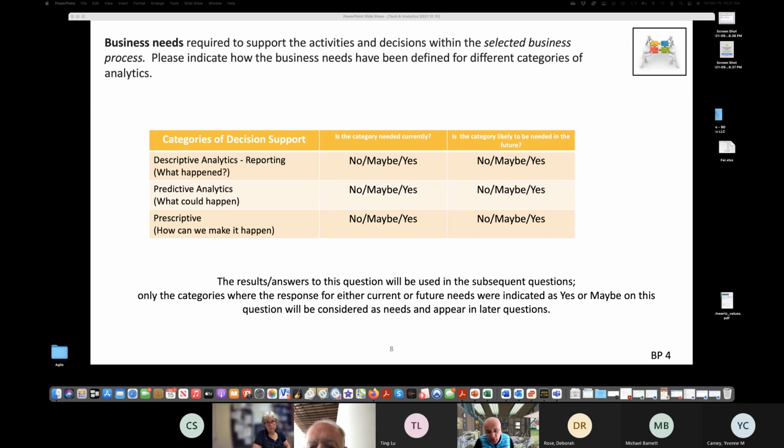My own background is control systems, and Pat Boyle just made an excellent comment, because she said people want to go to prescriptive or automation and they skip everything else.